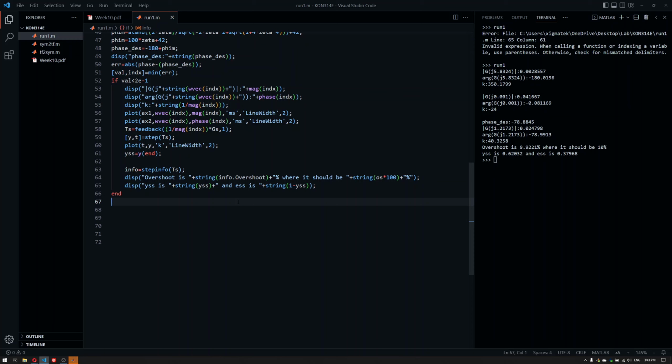Now, let's assume that we are trying to design a lag controller. We have the reference input, the summation point.